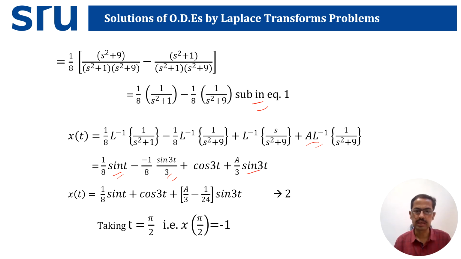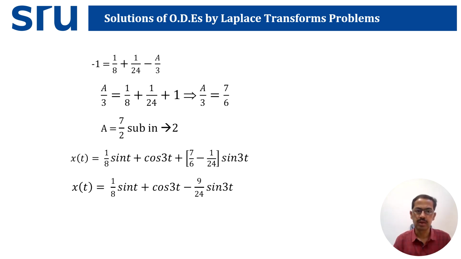Here sin 3t and sin 3t, take out. Taking t equal to pi by 2, that is x of pi by 2 is minus 1, it is given. Now simplifying these conditions, you will get a equal to 7 by 2. Finally, we will get this solution.